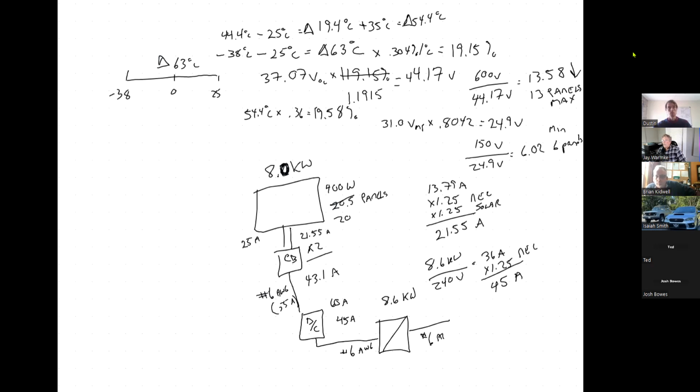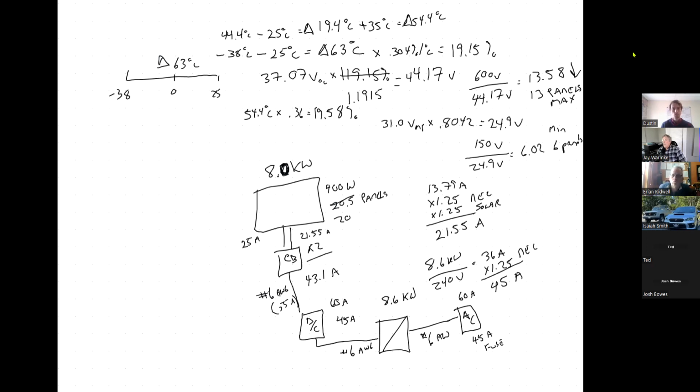Right? Yes. So now we're going to go to an AC disconnect. The AC disconnect is going to be a 60 amp box with a 45 amp breaker or fuse, right?